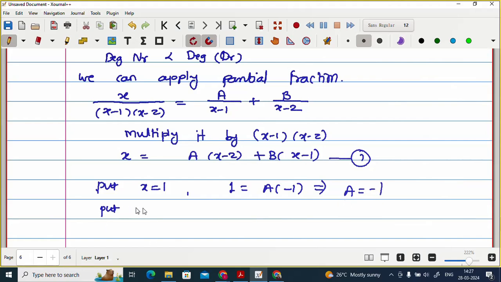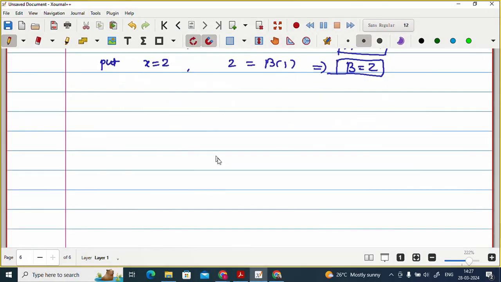And if we put x as 2, so it is 2 is equal to a into 2 minus 2, which will be 0, and b into 2 minus 1, that is b into 1. So that implies b is equal to 2. So these are the values of a and b. So actually, the rational term whose nth derivative we want is x upon x minus 1 into x minus 2.